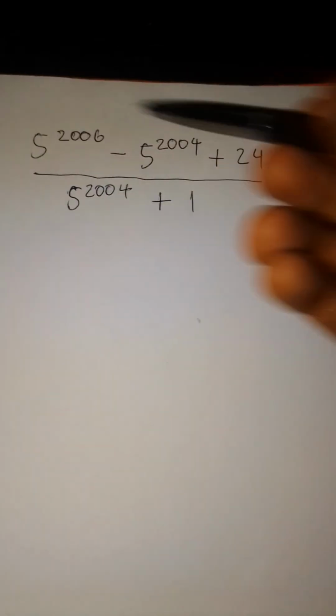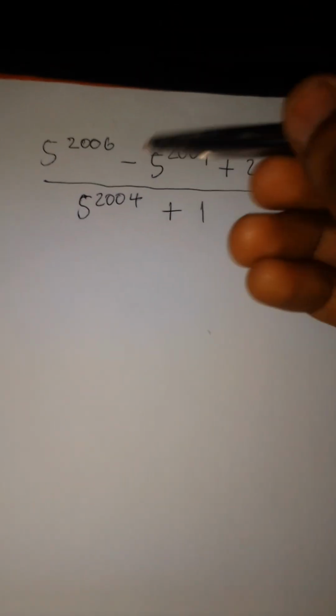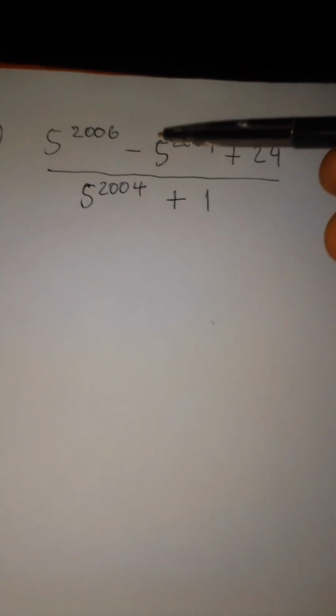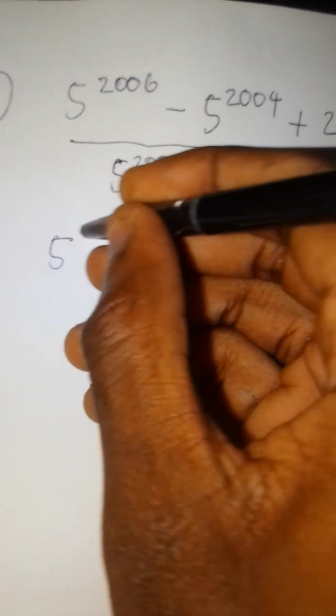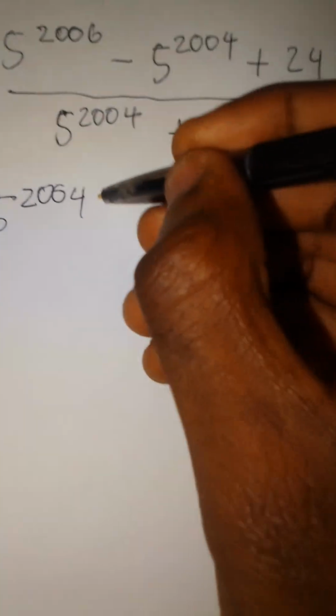Now guys, can you see there's a common factor? We can take out a common factor of 5 to the power of 2004, because we have a base of 5 here, and then bracket.